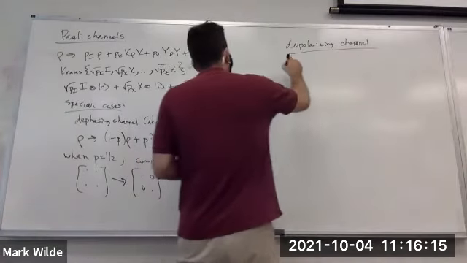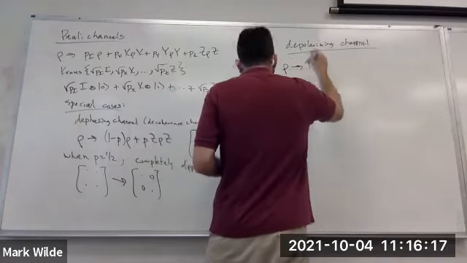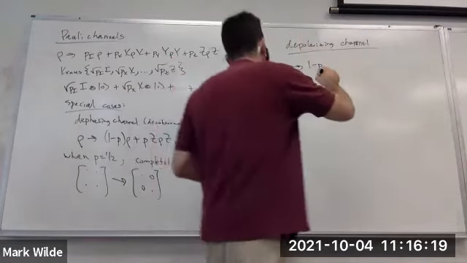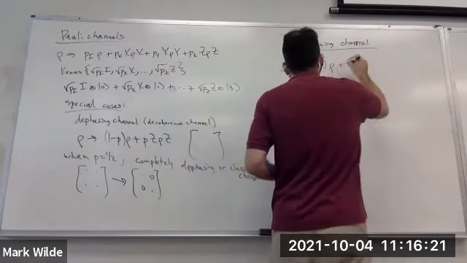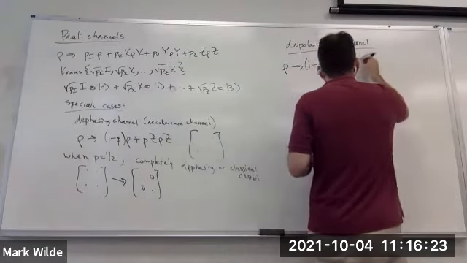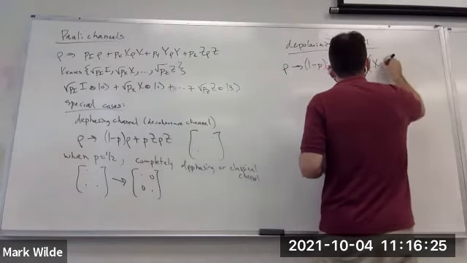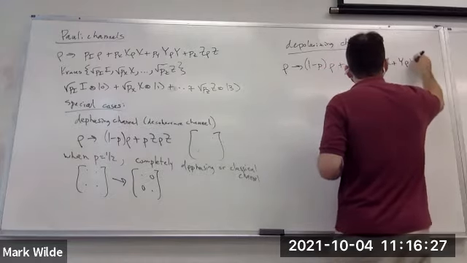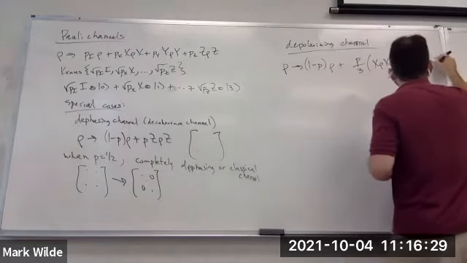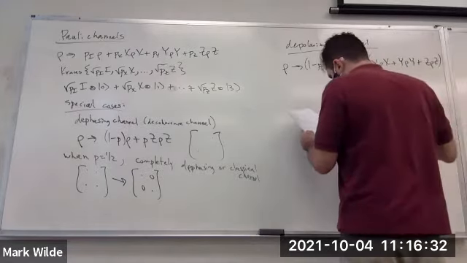So what is the channel? We have a single depolarizing parameter, 1 minus p, and uniform probability for the other possibilities. This is one way to write it.